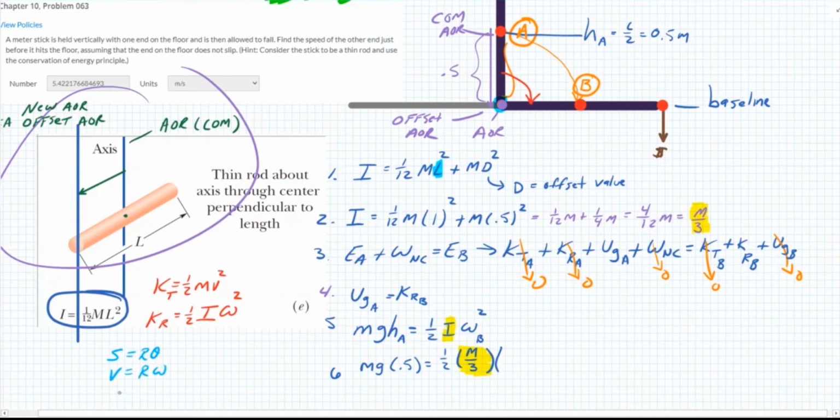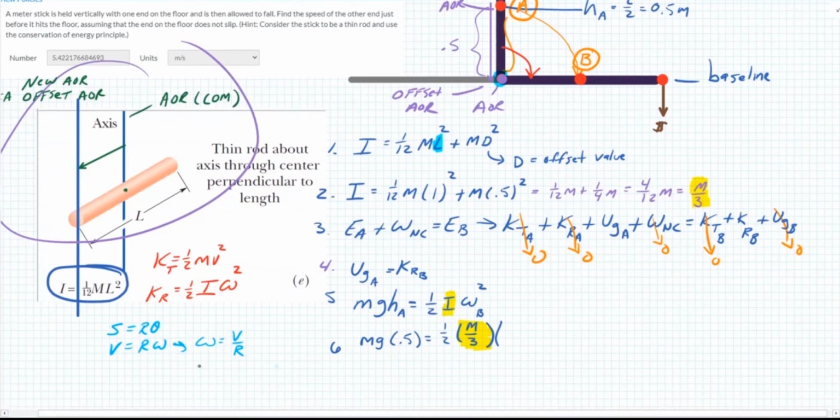So I'm going to substitute, you know what that means. Omega can be expressed as V over R. And now we have to worry about what is R? What is my rotation axis? It's equal to L.